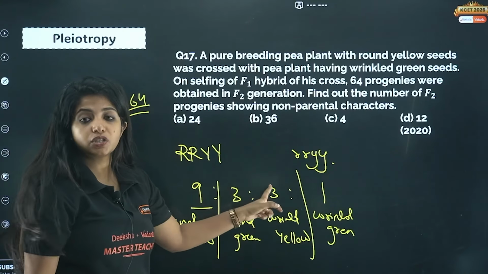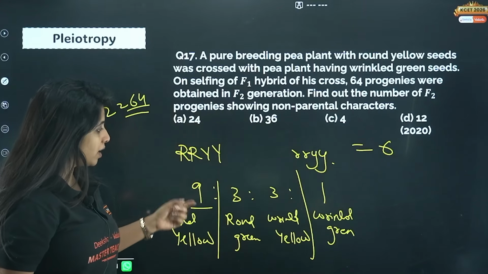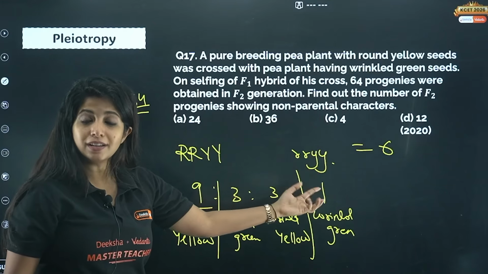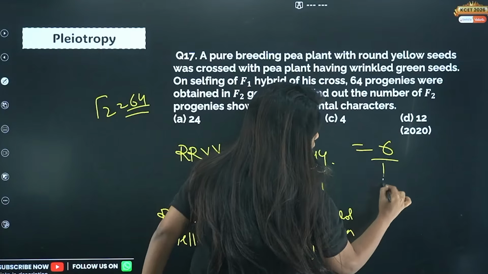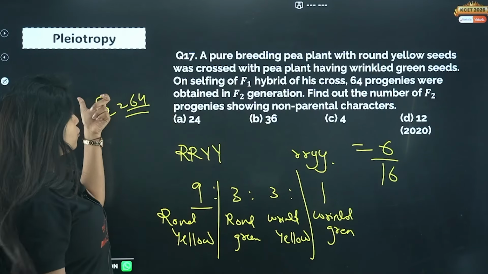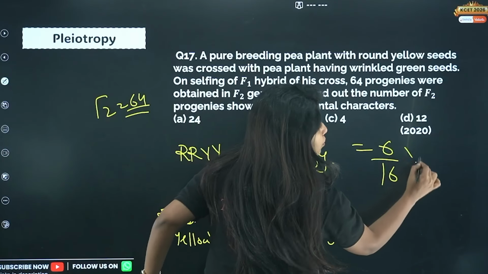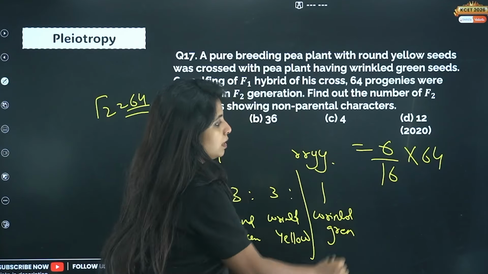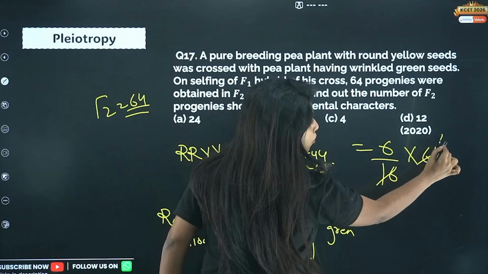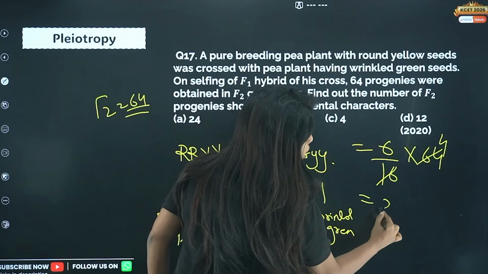So how many? 3 plus 3 is equal to 6, out of 9 plus 3 plus 3 plus 1 is equal to 16. So 6 out of 16 are non-parental. But you have to find it out of 64 progenies. So you multiply into 64. 16 into 4 is equal to 64, right? 6 into 4 is equal to what? 24.